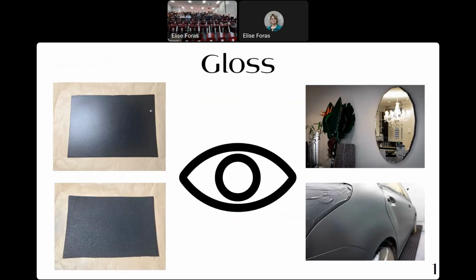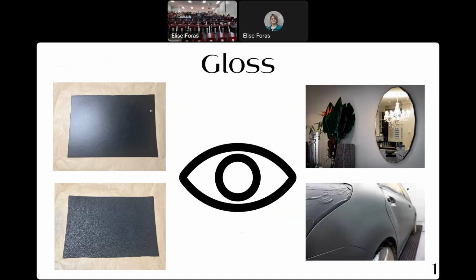For example, we'll consider a surface really glossy if it acts like a mirror. And on the contrary, we'll consider a surface matte if it looks like this, the car, for example.